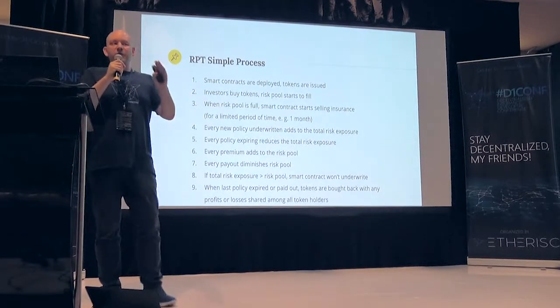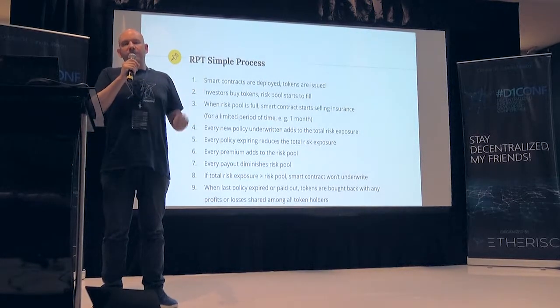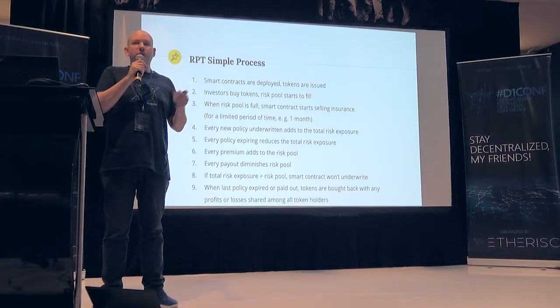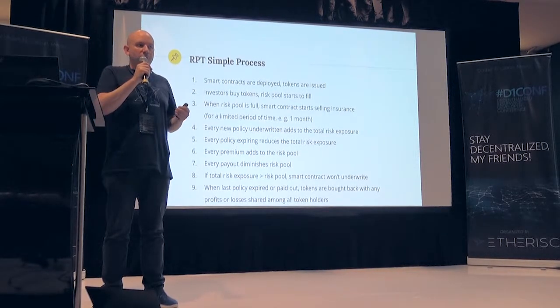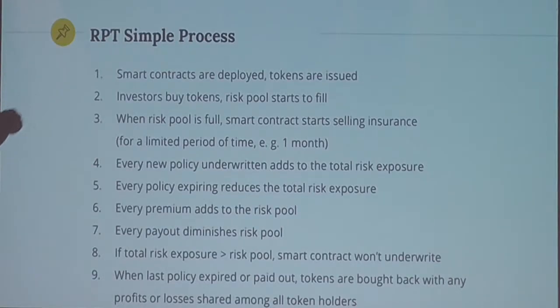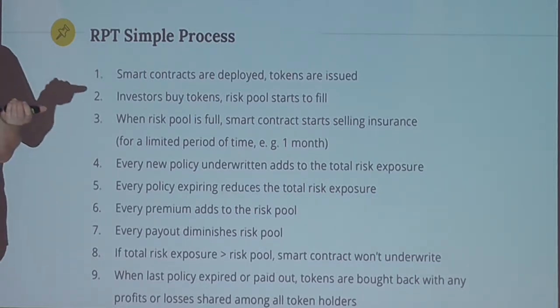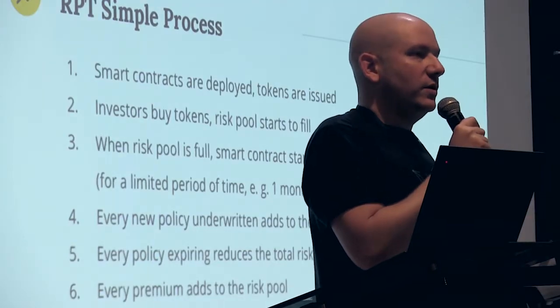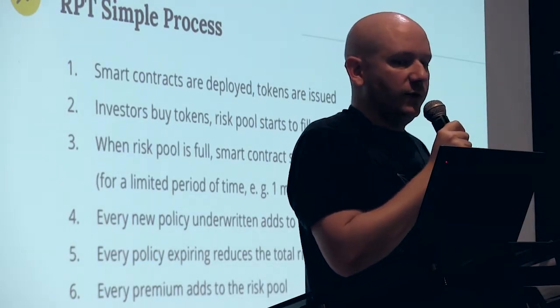And to give you a very short and very, very simplistic overview of how we could implement this in a first iteration, and as soon as we have done all the other stuff, we will implement this. The smart contract is deployed, the tokens are issued, the investor buys these tokens, and the risk pool starts to fill up.